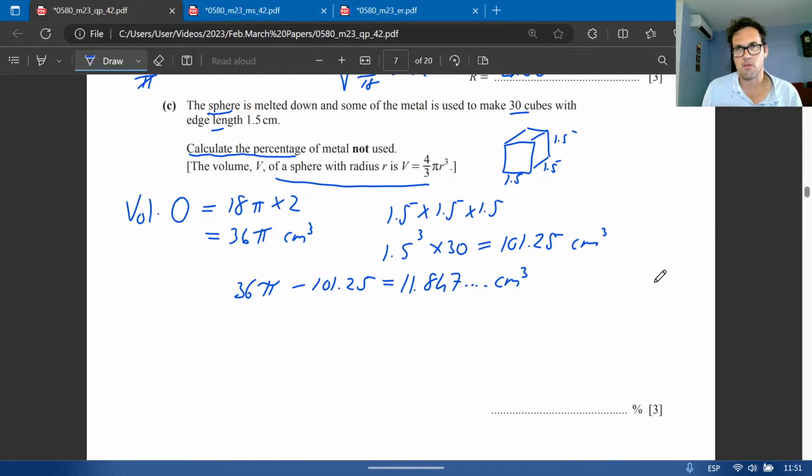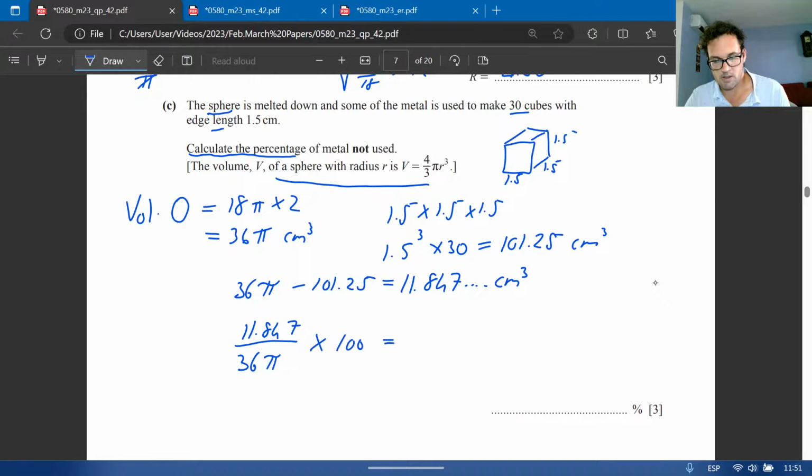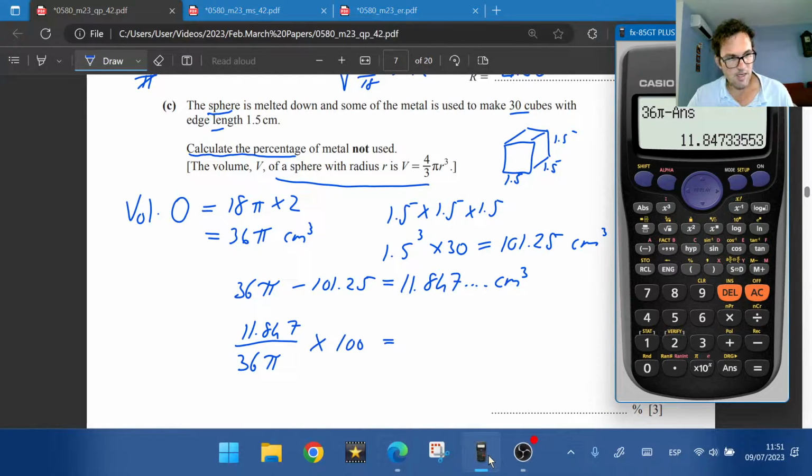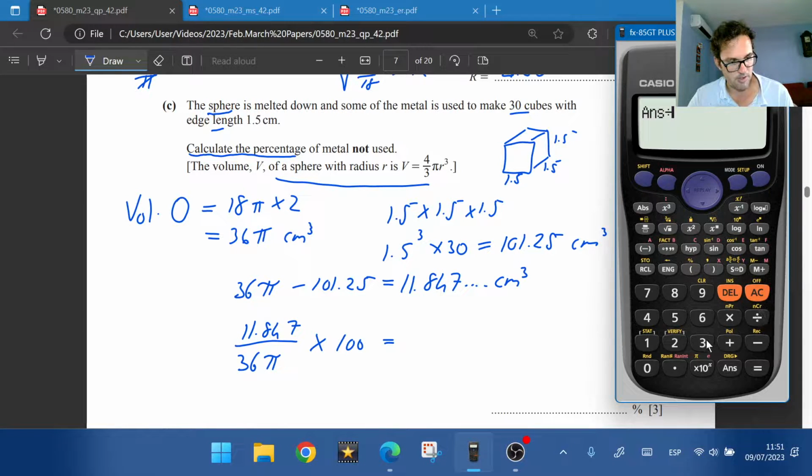Just like when you've got an exam, you write your mark, or in this case the metal we didn't use, which is 11.847, divided by the total amount of metal, the volume of the sphere, which we had as 36 pi, times 100 because it's a percentage. So let's do that. I still have the previous answer. All I need to do now is divide by 36 pi. There's the decimal answer, times 100. 10.475.